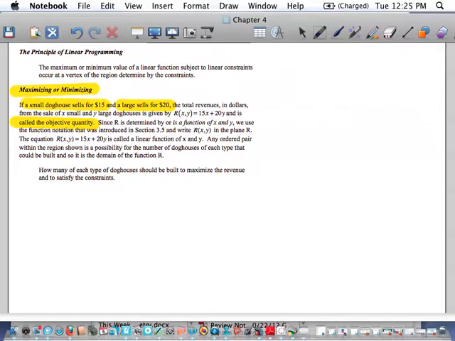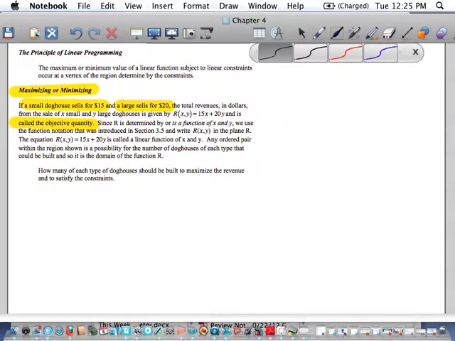Any ordered pair within the region shown is a possibility for the number of doghouses of each type that could be built, and so it's in the domain of the function R. So how many of each type of doghouse should be built to maximize the revenue and to satisfy the constraints? So let's take a look.